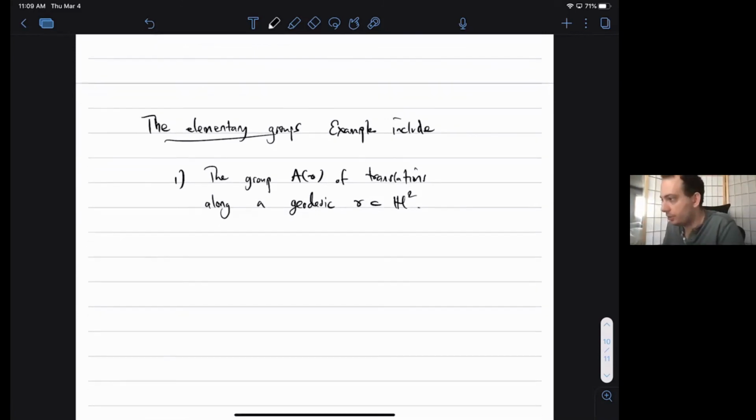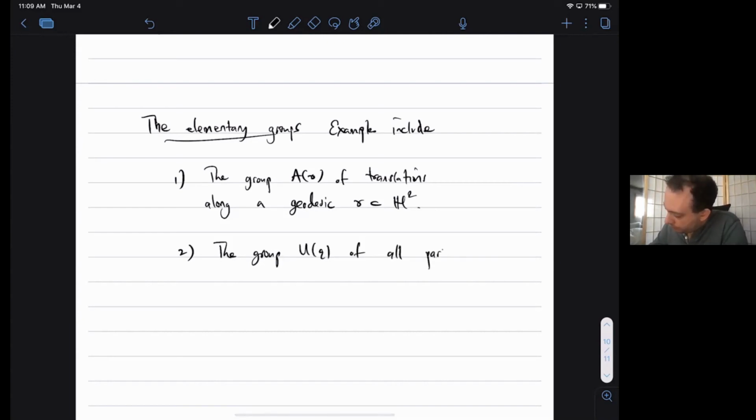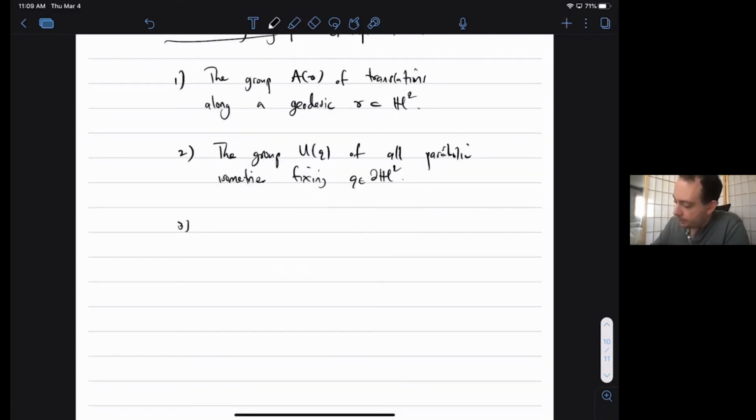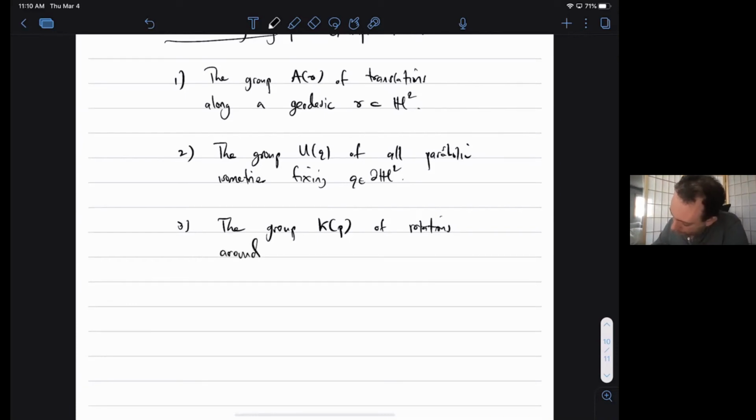That's A of gamma. I can look at the group U of Q of all parabolic isometries fixing a point Q in the boundary of H2, or the group K of P of rotations around some point P in H2.